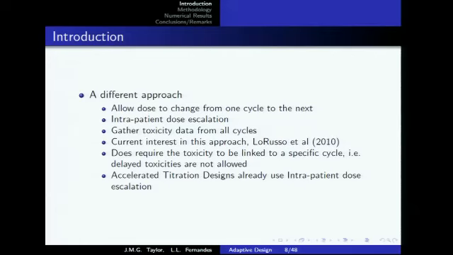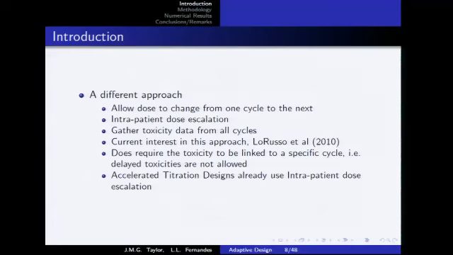So a different approach, which is what I'm going to talk about, is thinking about changing the dose from one cycle to the next for the same patient. So intra-patient dose escalation: gather toxicity data, gather binary responses from every cycle. There was a recent paper I'm going to talk about in a second by Pat LoRusso, which talked about this or recommended this in some sense.